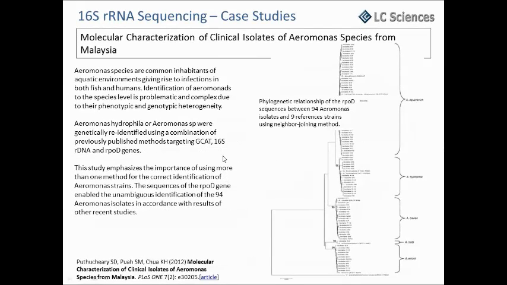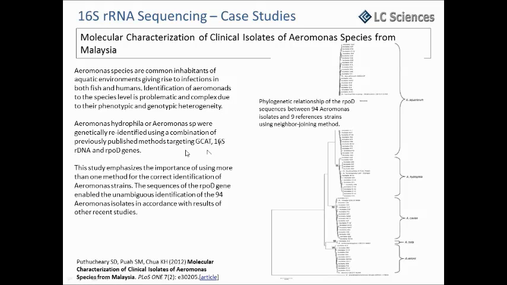And this case is more clinically related. We know that in swimming pools and other places, there are a lot of Aeromonas, which may cause some disease to humans. In this case, they want to identify what exactly the Aeromonas species are inside. So they use multiple methods, including 16S rRNA gene sequencing.